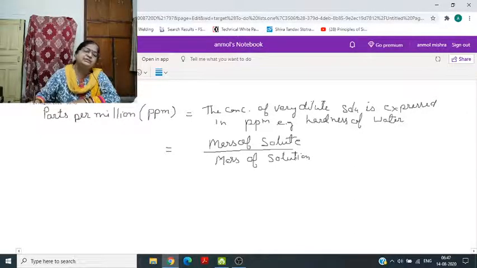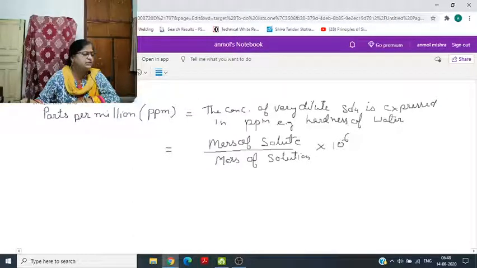For percentage we were writing 100, but for ppm we will write 10 to the power 6, that is per million of the solution. The pollutants present in the atmosphere are also expressed in this unit. For example, how much sulfur dioxide or carbon dioxide is present in the atmosphere, we can calculate in this unit.